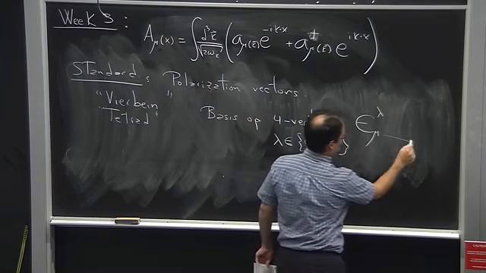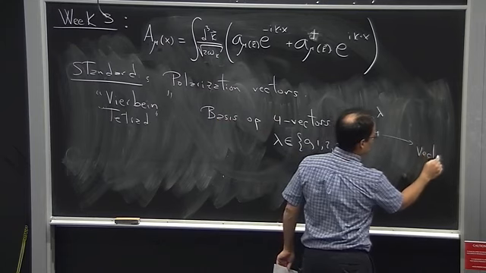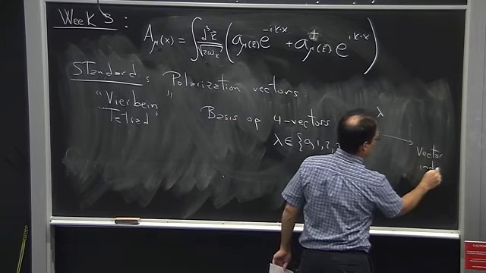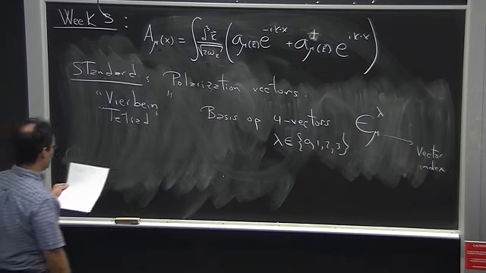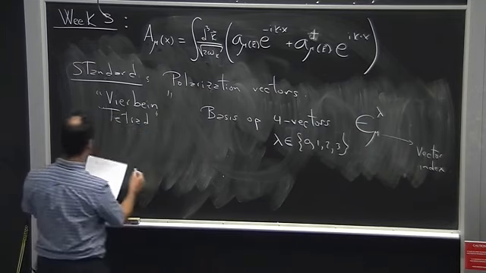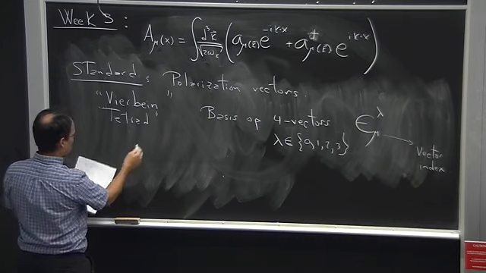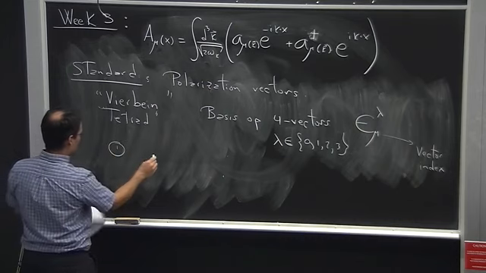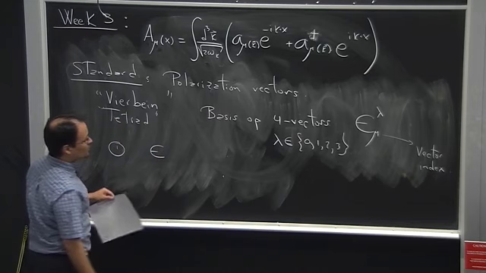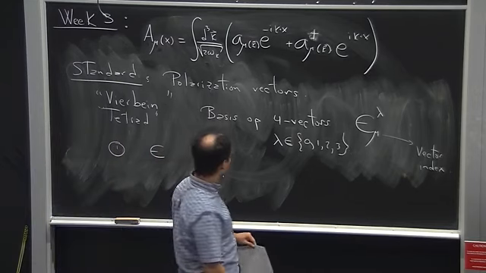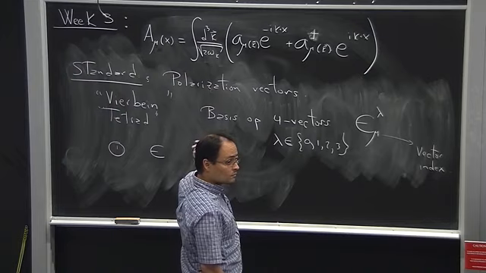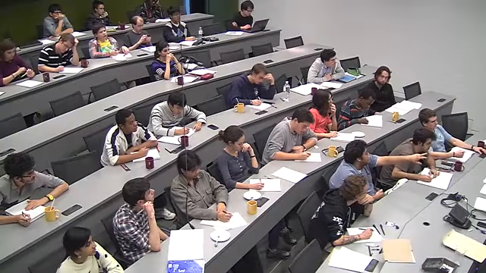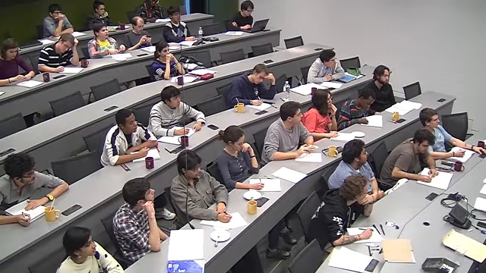And of course, this is our regular vector index. Now, the condition that they generate the whole vector space is 2 conditions. How is this a vector? It's 4. That's the vector index, but what is the lambda? Well, it's 4.